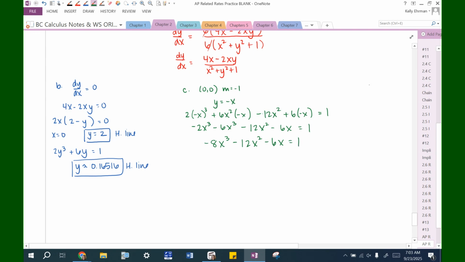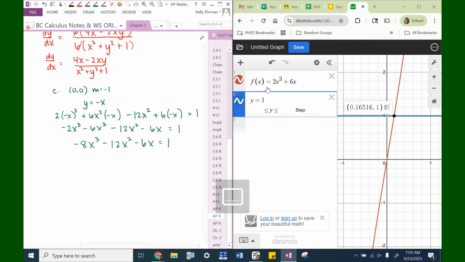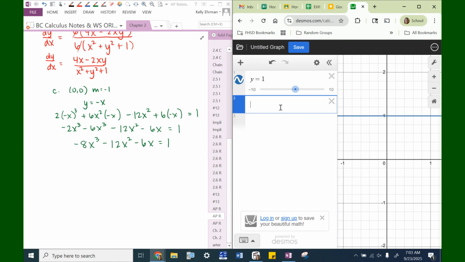And again, I can use a calculator on this problem. So I am going to go back to Desmos here. You have 2 options here. You can subtract 1 and look for the zeros on this function, or I already have y equals 1, so I'm just going to type in f of x equals -8x to the third minus 12x squared minus 6x. And I'm looking for where these two intersect.